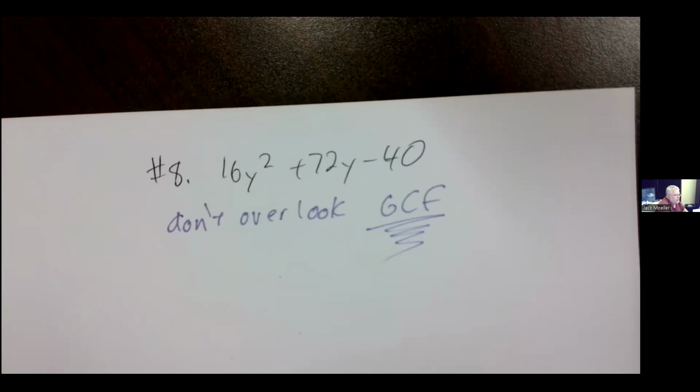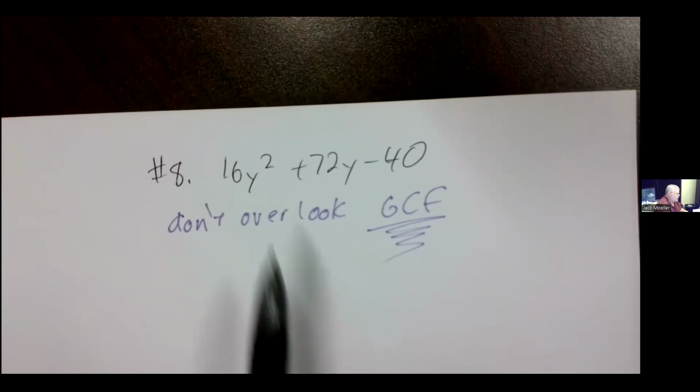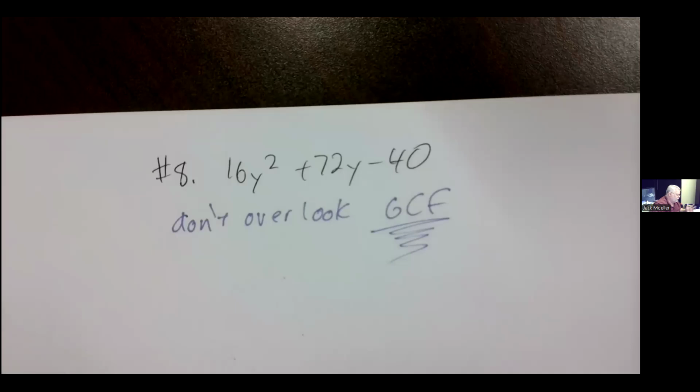The question is, is there anything bigger? So start with 16. 16 won't go into 40, so 16 doesn't work. Is there anything between 16 and 2 that will go into them? Well, I know 4 will go into 16 and 40. 72 divided by 4 is 18.